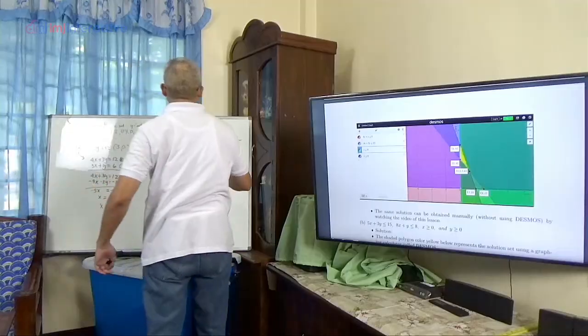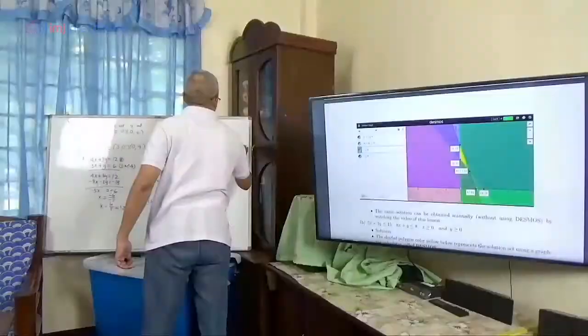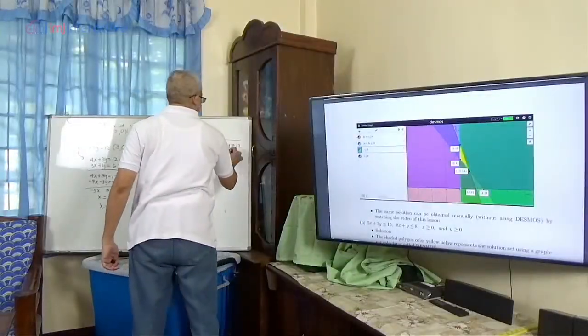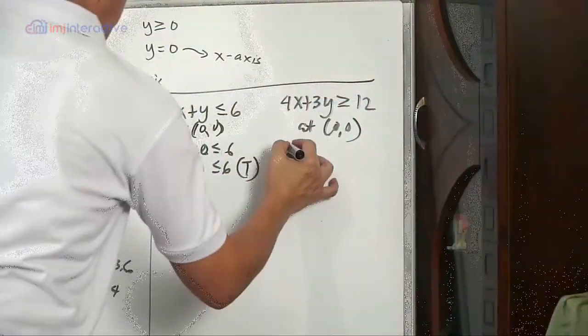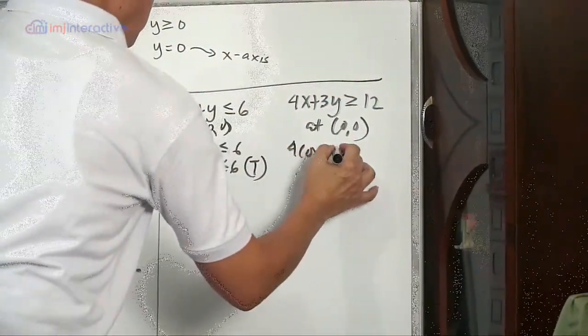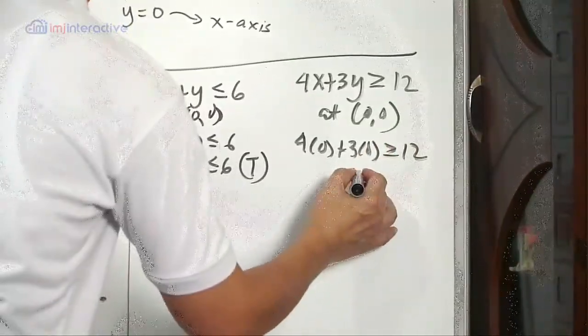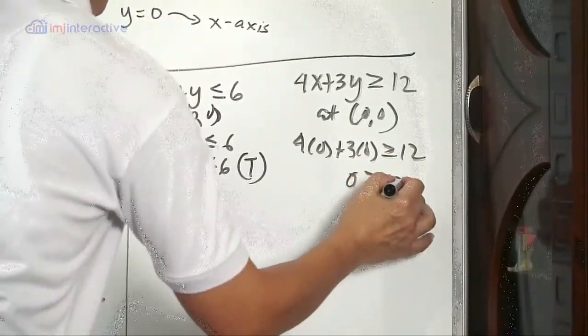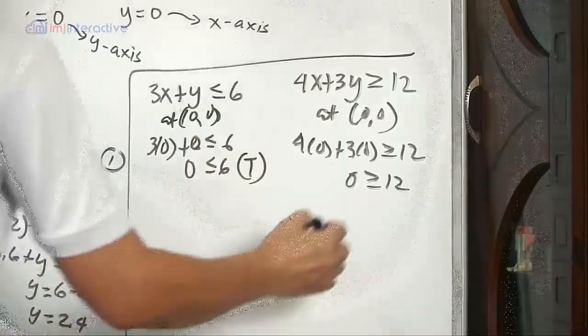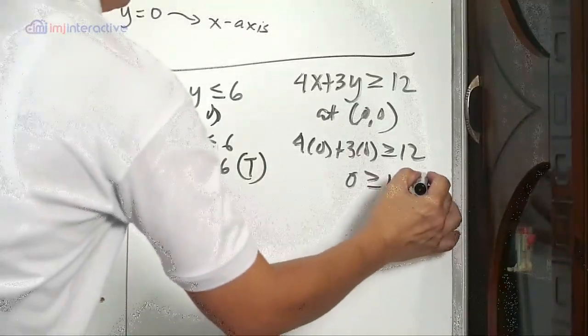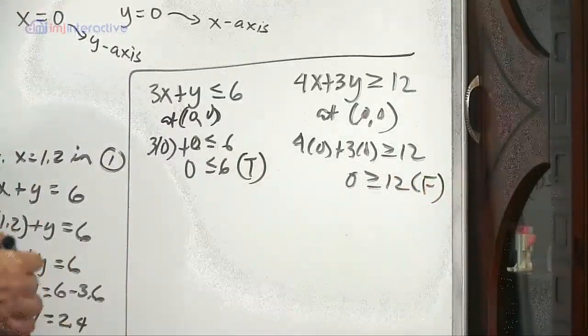Next, let us look at 4x plus 3y is greater than or equal to 12. At 0, 0, this will be 4 times 0 plus 3 times 0. Is that greater than or equal to 12? As you can see, 0 is not greater than 12. So this is false.